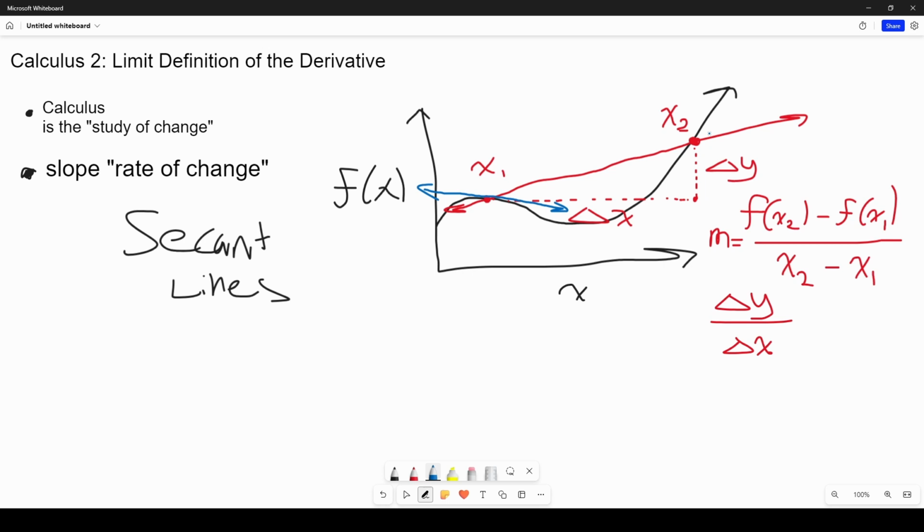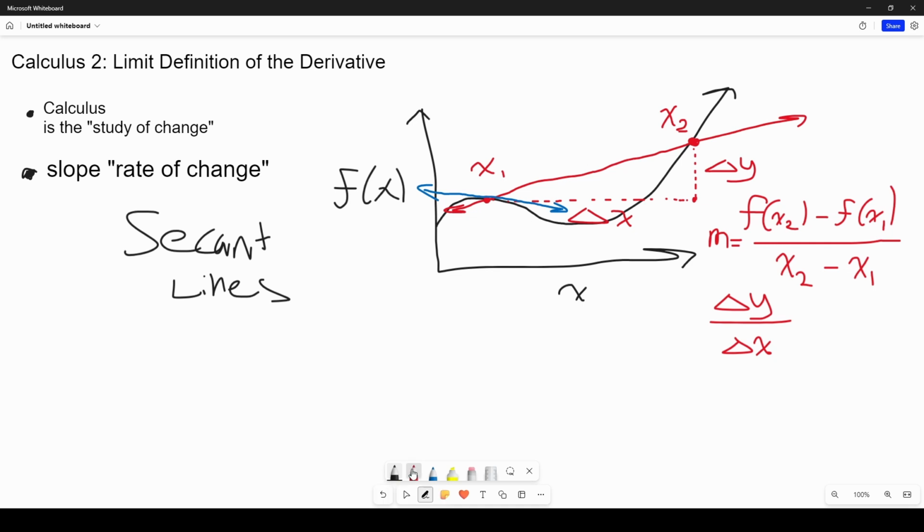So, how might we even calculate this tangent line? I mean, it seems pretty arbitrary, but the secant line can help us, and our friend limits. So hopefully you know a little bit about limits right now, but they're going to come in handy when calculating the derivative, which is also called the tangent line. So let's just see what happens when we bring x2 closer and closer to x1.